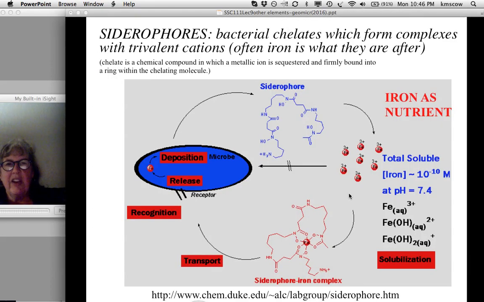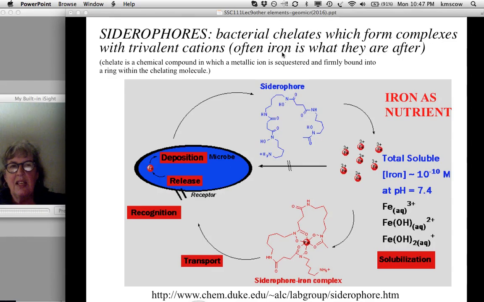So chelates, siderophores, right? Siderophores is the specific name for these chelates that bacteria produce, a special kind of organic molecule with a structure that forms complexes with trivalent cations. They seem to be organic compounds that microbes produce in particular to go after iron, because iron is so unavailable and so needed in the environment.